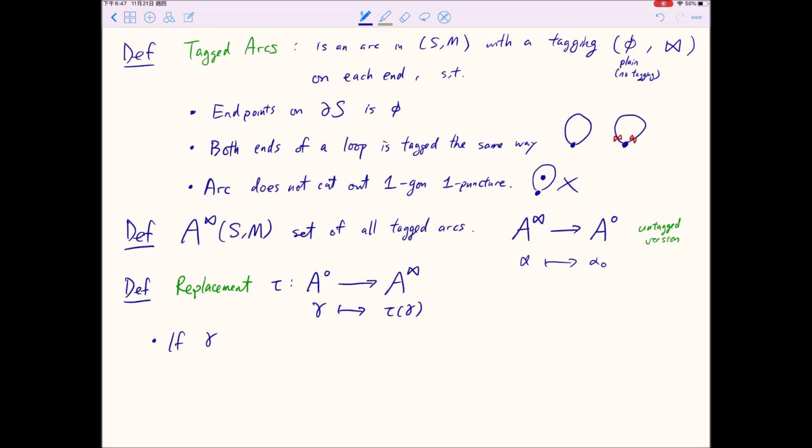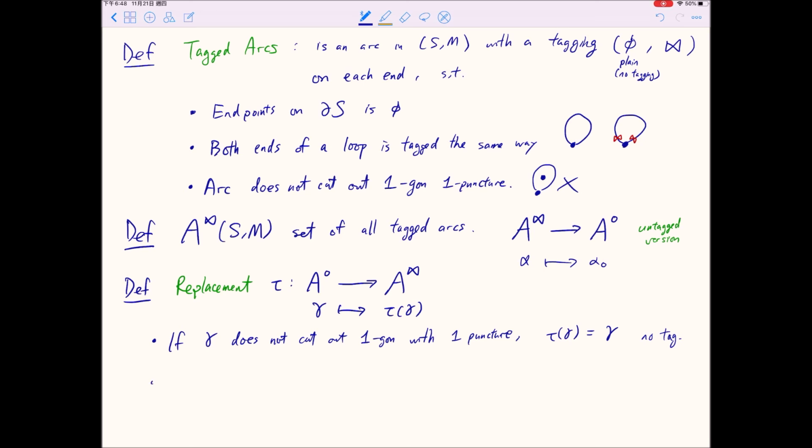If the arc does not cut out a one-gon with one puncture, then we just keep it as the original one without tag. In the previous triangulations, we allowed the arc to cut out a one-gon with one puncture, but for the tagged arc, we do not allow that.